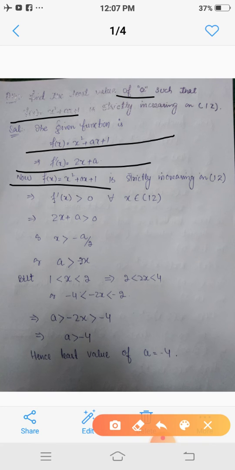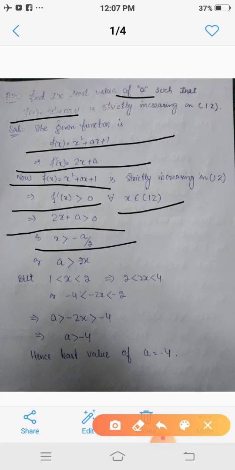Now it is given that this function is strictly increasing in 1, 2, which implies that by the derivative test, the derivative is greater than 0 for all x belonging to the open interval 1, 2. So 2x plus a is greater than 0, which gives a greater than minus 2x.